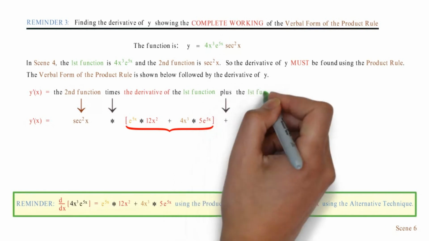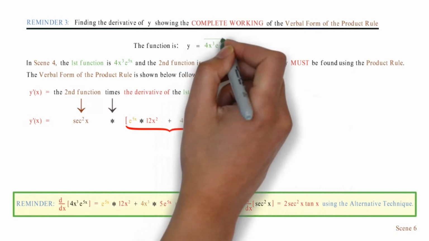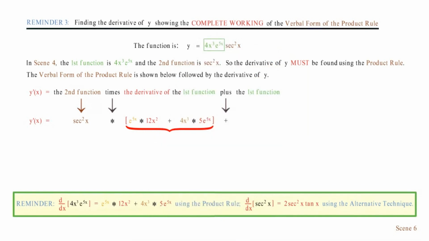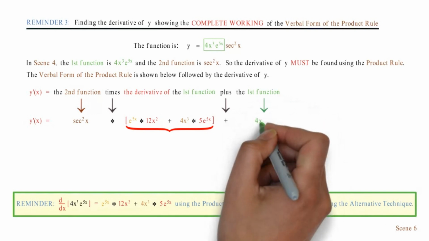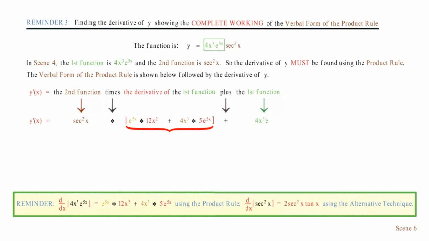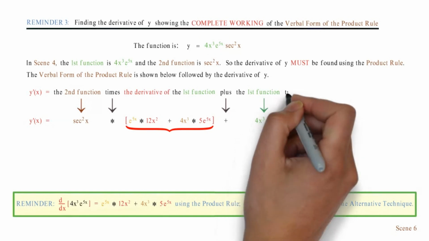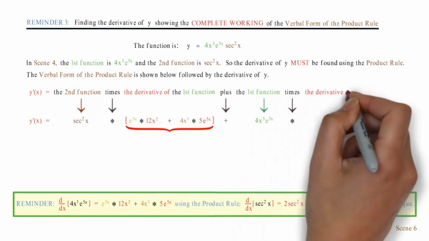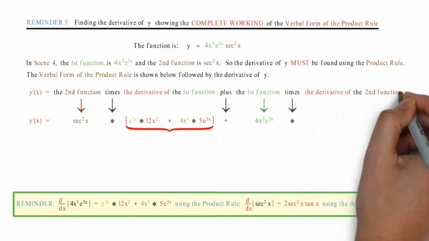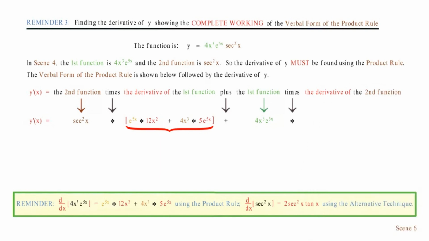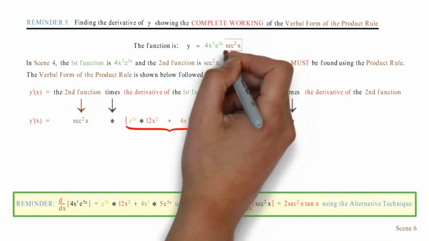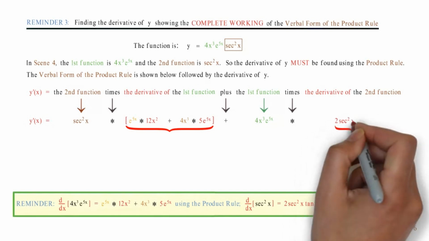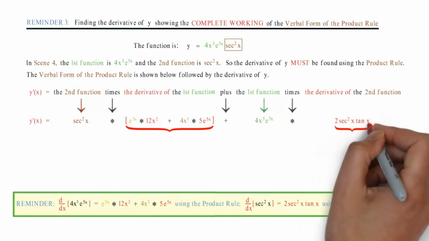The first function is 4x cubed e to the 5x, so substitute 4x cubed e to the 5x times is times. The derivative of the second function is the derivative of sec squared of x, which is 2 sec squared of x tan of x.